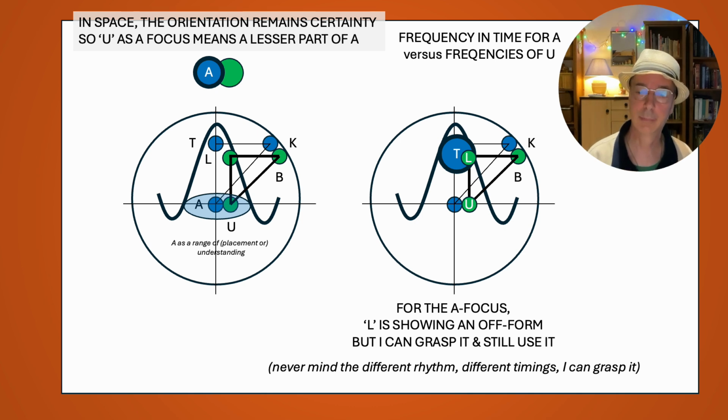The forms will become irregular and can become irregular, but can they form its own way? They can follow its own directions and so on. In the end, it will have also an off form, but I can grasp it and I can use it, and that's how I will approach the L.